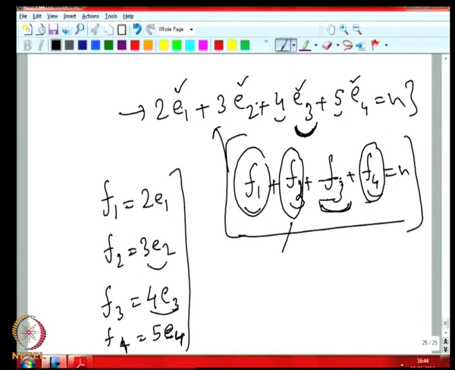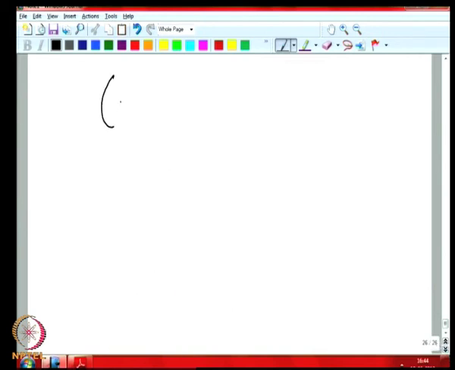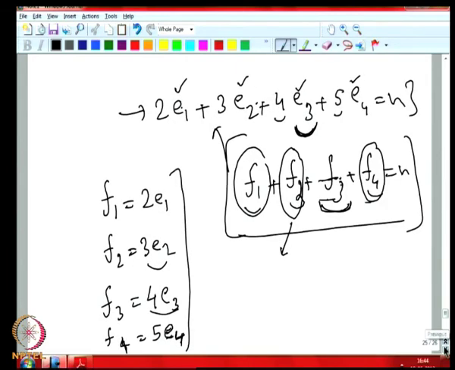Now, what is the generating function for this thing? This is easy, because for F1 we will have a term like 1 plus x square plus x raised to 4 plus x raised to 6 plus and so on. That means only the even powers of x are taken here. For F2 it has to be a multiple of 3, right.